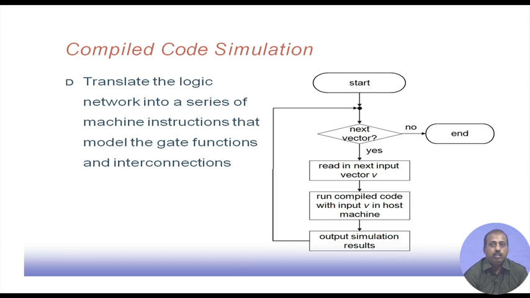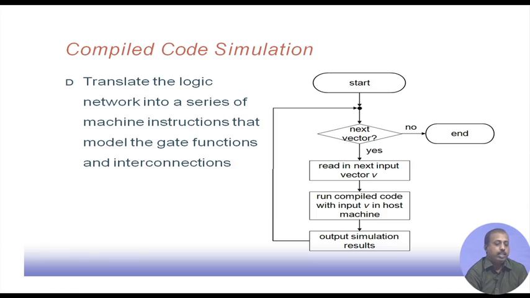If it is slightly more complex, like a flip flop, that can also be modeled by some if then else statement, by checking some signal values. So, any circuit can be converted into a piece of code that we can execute on the host computer.